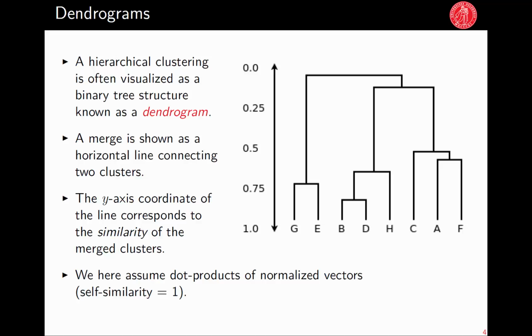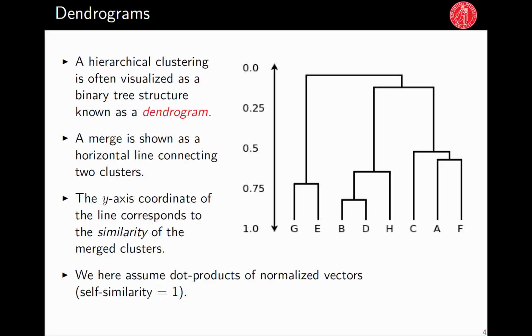The coordinate at the y-axis shows the value of the similarity measure that we use for measuring the similarity between two clusters. So at the beginning, right, we have our collection of data points, of objects, and then we start by finding which of these two singleton clusters are the most similar. In this case, that turned out to be B and D, and we see that this is the first merge that has been performed.